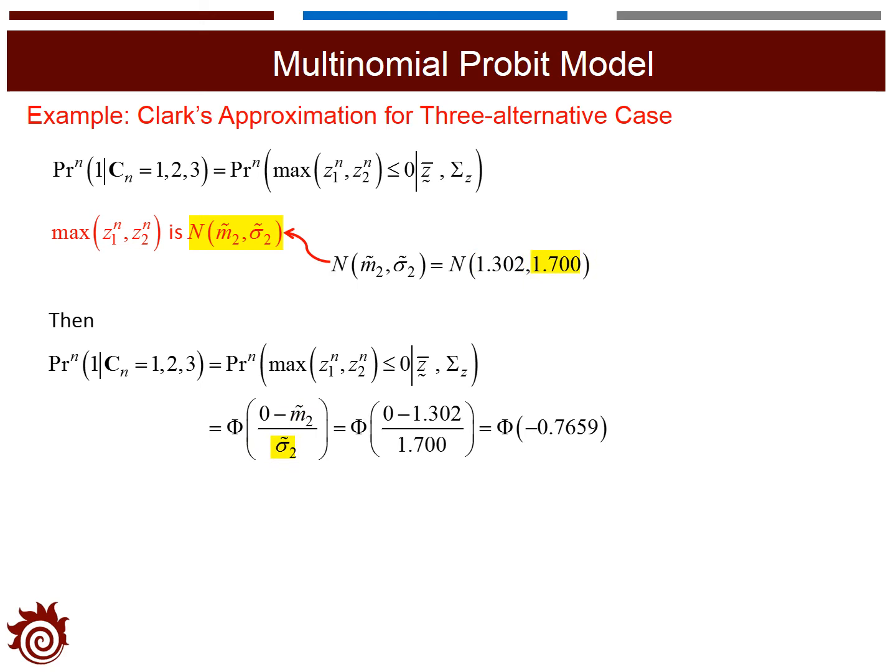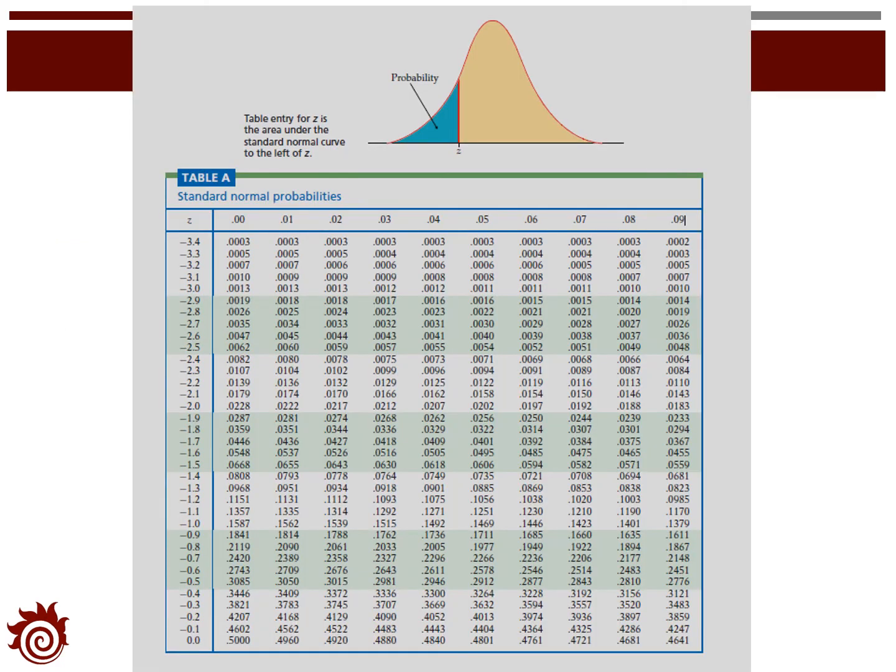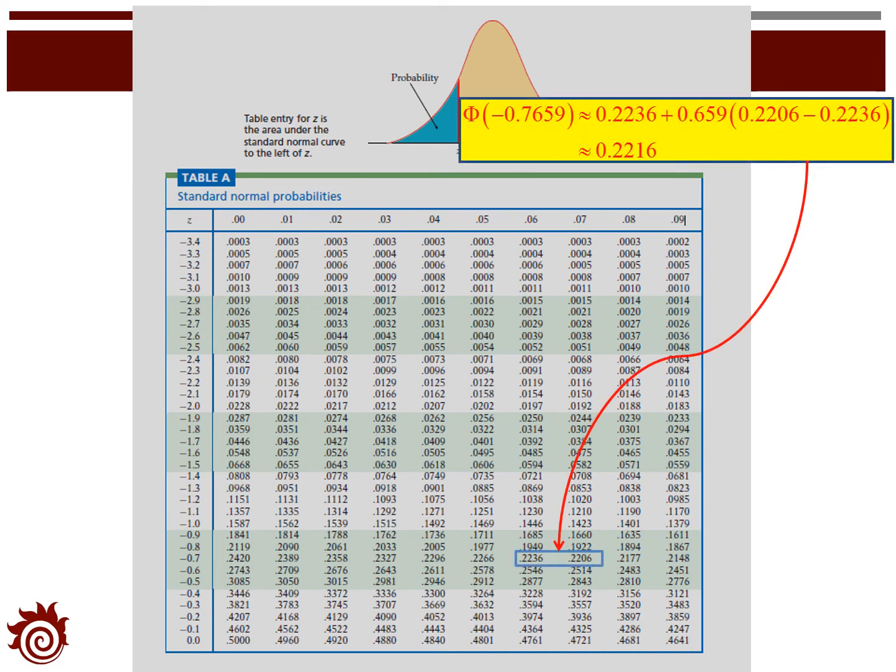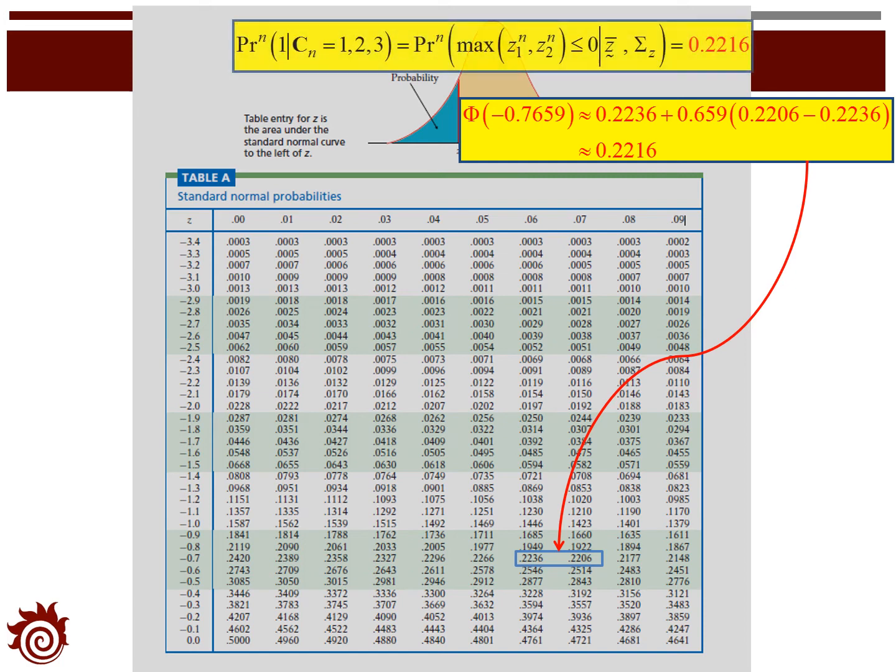It gives us the value as capital phi of minus 0.7659. With that, we can check the table of the standard normal distribution, and the probability is 0.2216, which is just the probability of taking alternative 1.